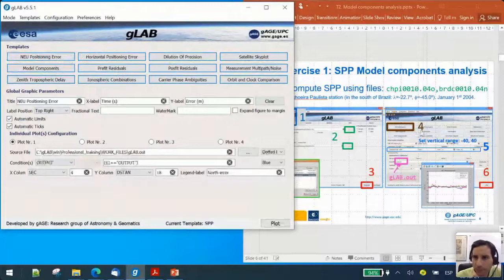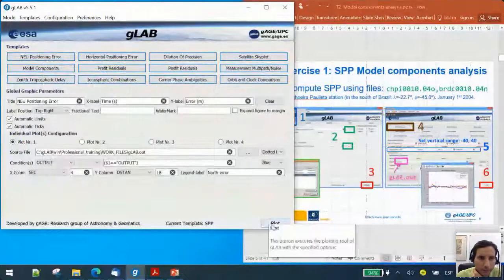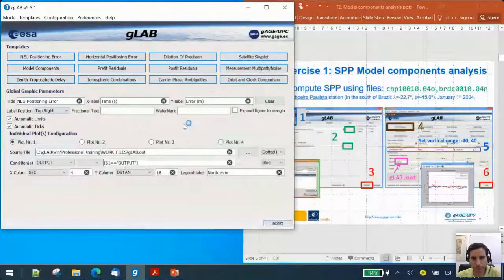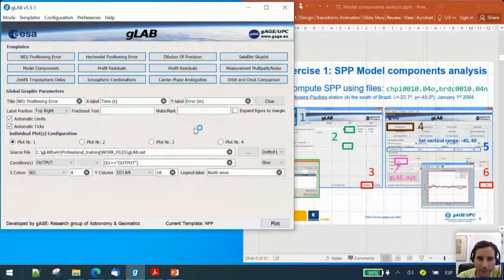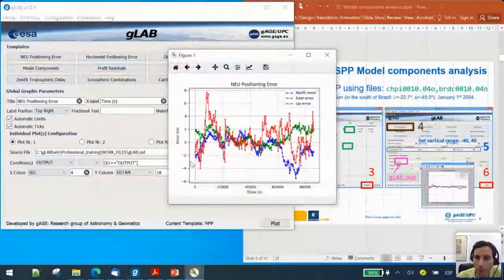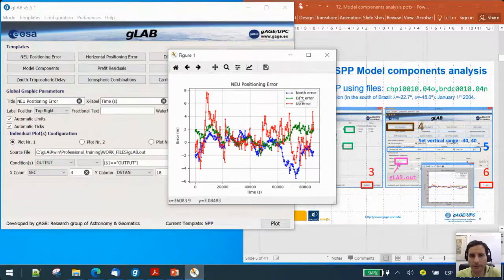For example, if we press the Northeast tab button here, we will generate the plot with the results of the GIC-BR station. And here we have the Northeast tab, the north in blue, the east in green, and the up error in red.